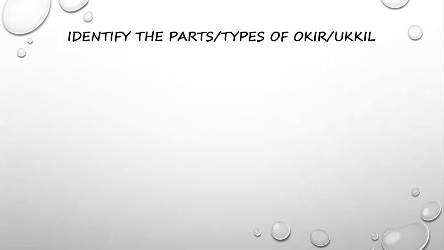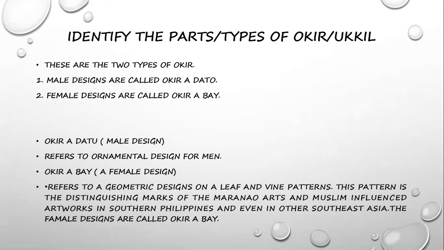So, identify the parts or types of ochre or ukir. These are the two types of ukir. Male designs are called ukir adato, and the female designs are called ukir abay. Ukir adato or male design, it refers to ornamental design for men.